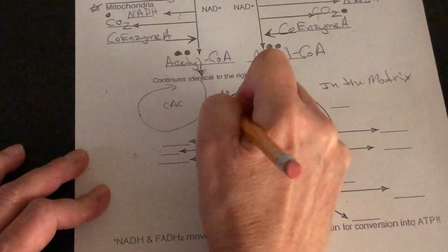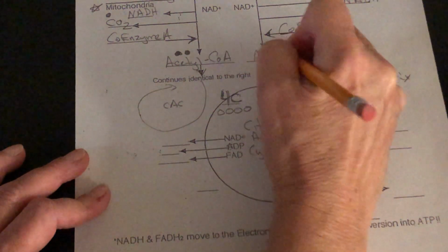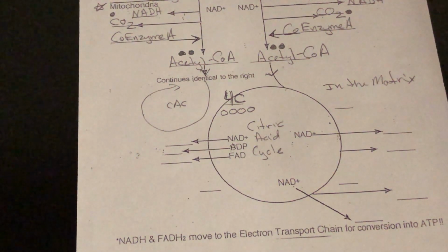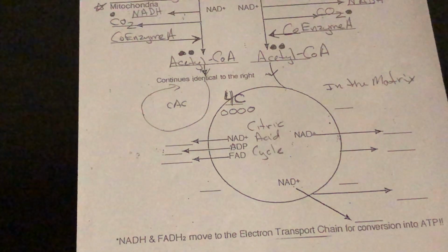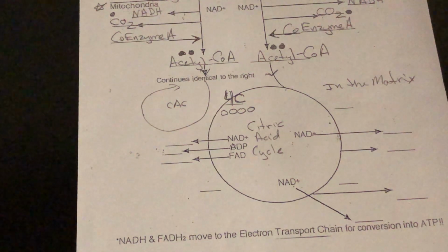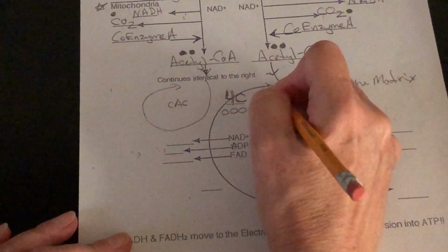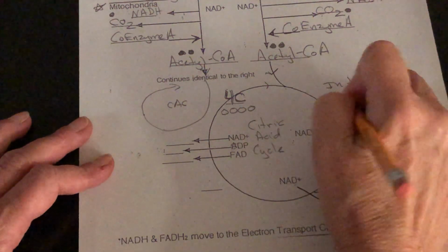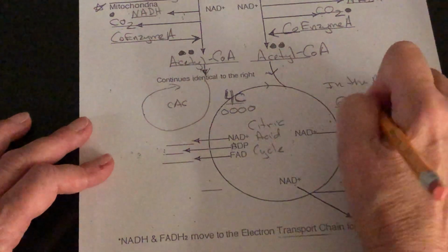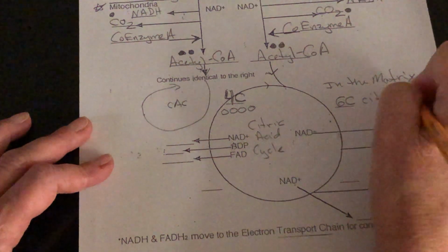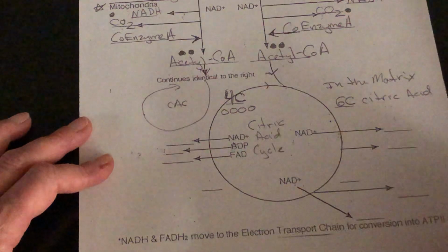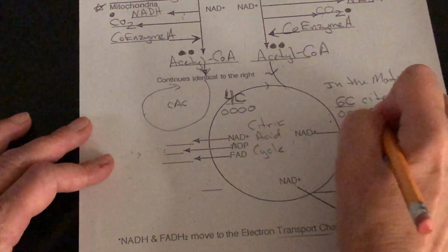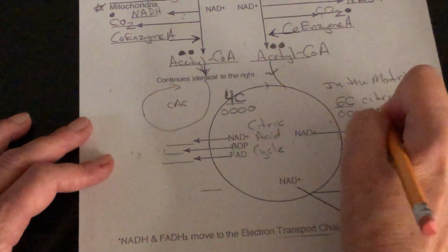But I'm going to draw 4 open circles because remember, our carbons up here are dark circles. And so what happens is this 4-carbon compound that's in the citric acid cycle is going to cruise up this way. It's going to meet with the acetyl group. It's going to form a 6-carbon compound, which is called citric acid. And that's going to be 1, 2, 3, 4, 5, 6.